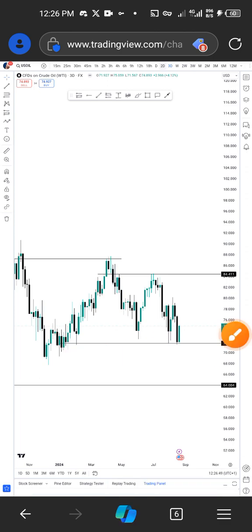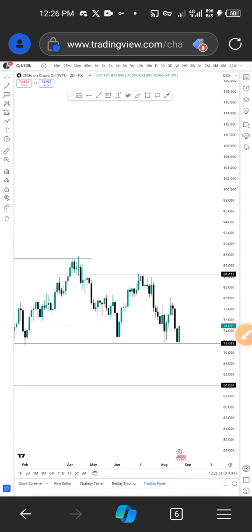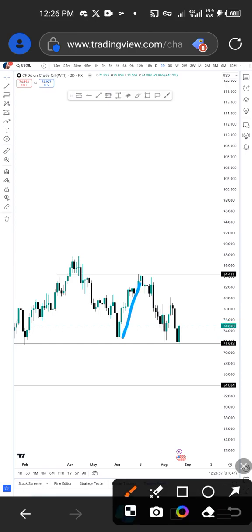Then go to the 2 days time frame, and you can also see an impulsive move and a corrective move, and then another corrective move. So what's else again? Impulsive move.